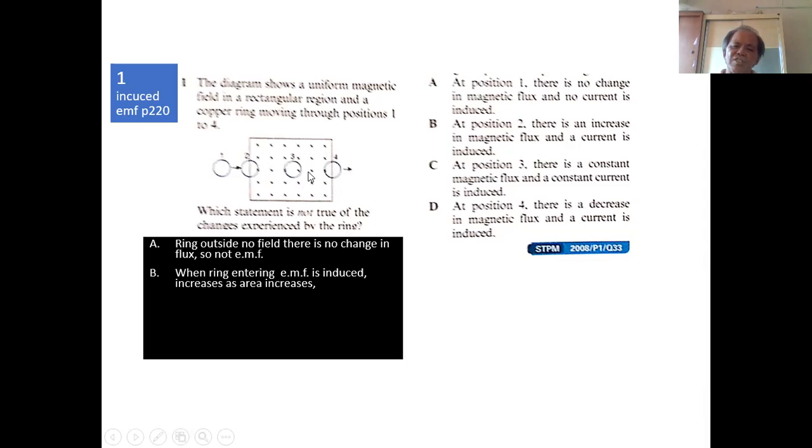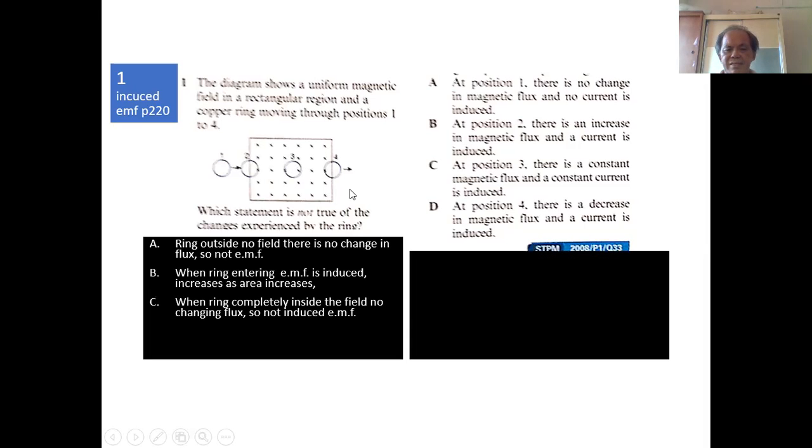If the flux is constant, no change in flux, no current induced, no EMF. So the answer is C. At position 4, there's induced current because part of it is changing as you move out. There's a decrease in magnetic flux and a current is induced. So the wrong answer is just C. Inside there, it has motion, but the flux is constant, so no change in flux, no induced EMF.